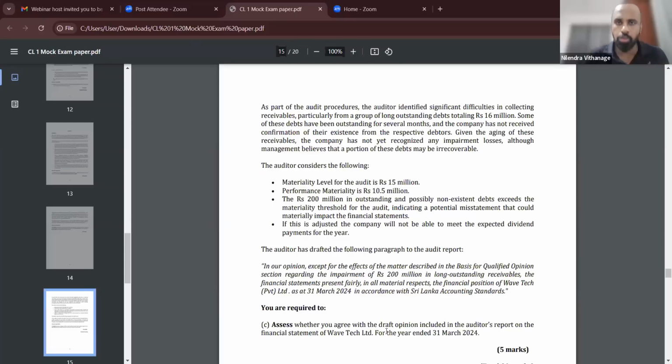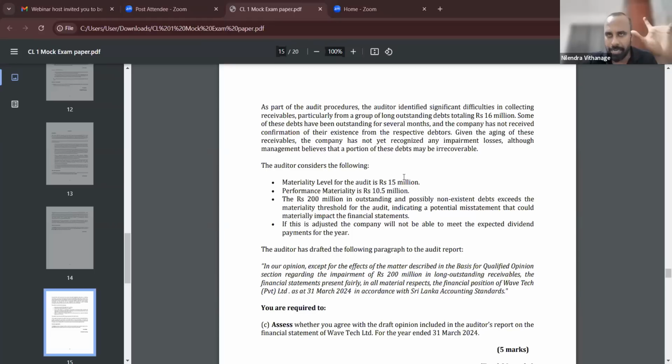My question, are you agreeing with this opinion? Agree or not? And why? Here you have a misstatement which is material. What is the misstatement?